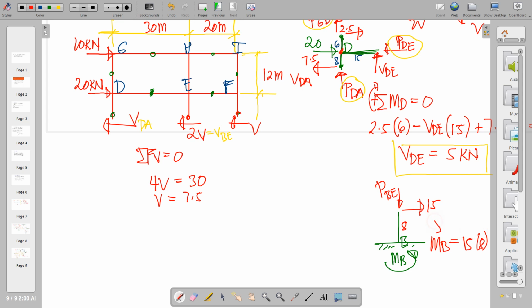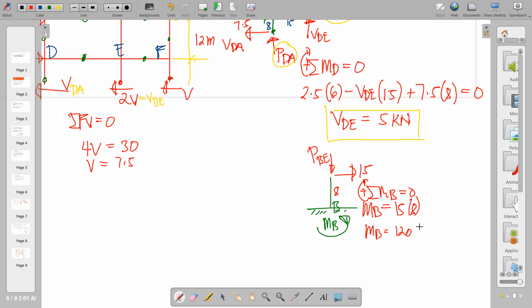This is by summation of moments along B equal to 0. Hence, the moment at B is 120 kilonewton meter. Okay.